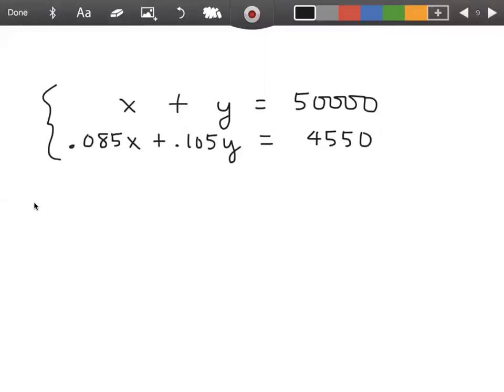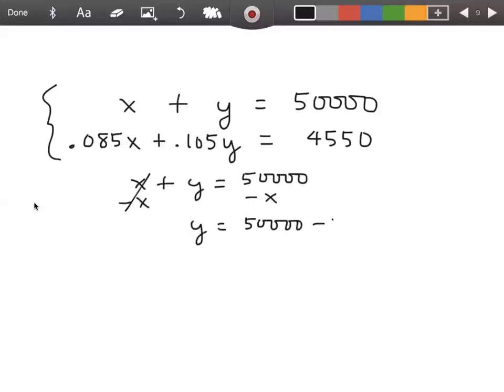For this one, I'm going to use substitution, and that's because it's very easy to solve the first equation for either X or Y. I'll solve it for Y. So we have X plus Y equals 50,000. I'm going to subtract X from both sides, which gives me Y equals 50,000 minus X. And we call that equation star. We're going to use it again later.